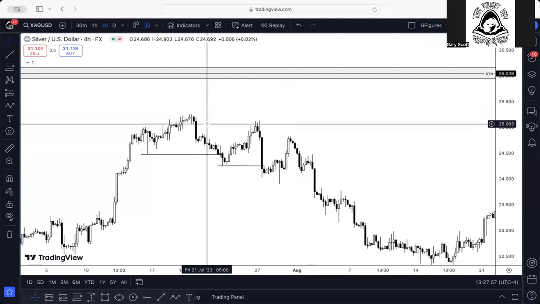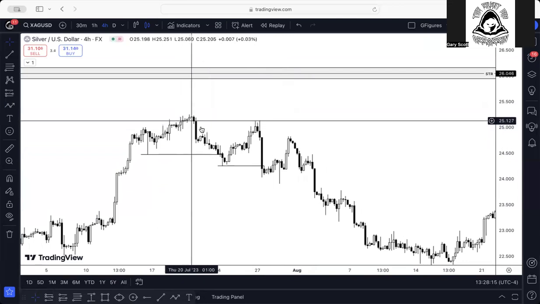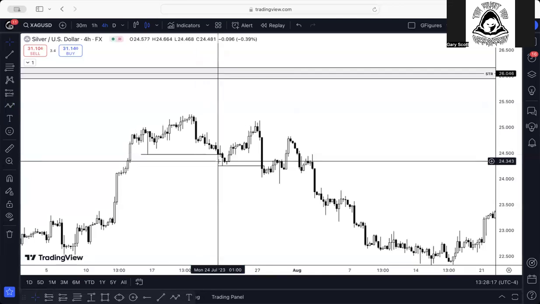Guys, now remember, I told you about order blocks. For an uptrend, it's the last down candle before price breaks structure. Before a downtrend, it's the last up candle before price breaks structure to the downside.